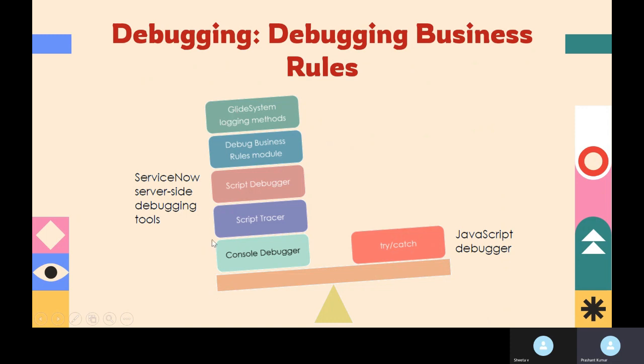We also have try catch, which is also a JavaScript debugger, but it will not be used much in our ServiceNow scripting. Try catch is definitely good, but it is important when we use purely programming languages like Java or .NET, not for ServiceNow JavaScripting.